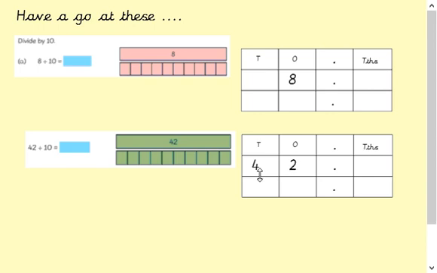Likewise with 42, we could do exactly the same thing. We've got the bar drawn up there, but it's just as easy to use the frame here. We would move the 2 in the ones column into the tenths column, and the 4 will go into here.